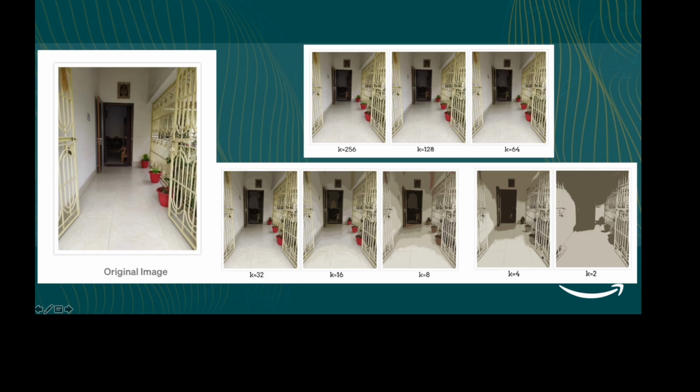You can see that with just a minor increase in k, with just k equal to 32, you are able to get a really good compressed image of the original image. And with k equal to 256, it is just indistinguishable. So this is how you can use k-means for image compression.